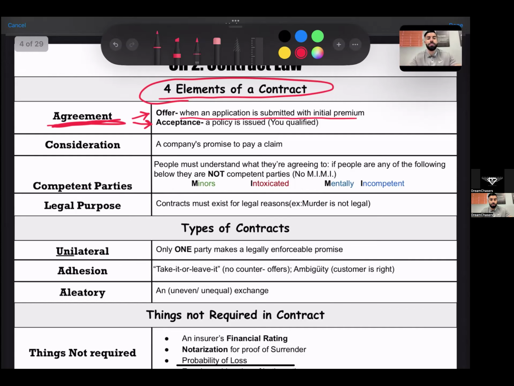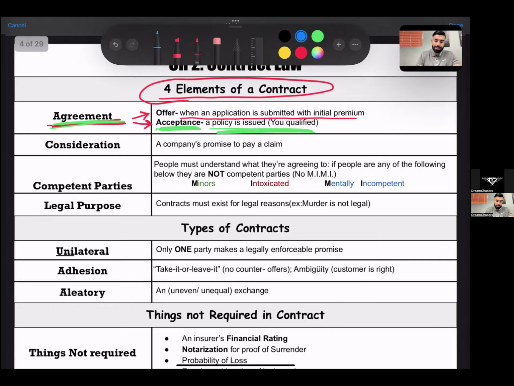Hypothetical, right? That is an offer. Acceptance takes place when the company issues a policy, meaning you were approved, now you have life insurance. So an offer was submitted, that offer was accepted, so now we have an agreement. That's the first element of a contract.